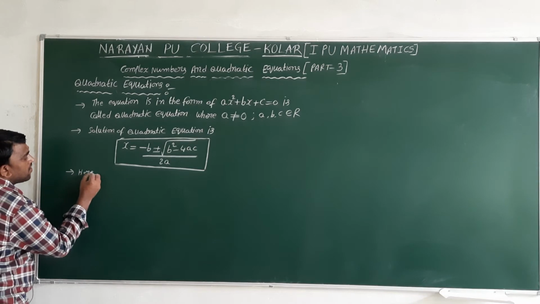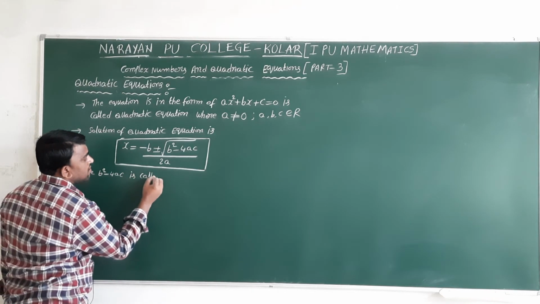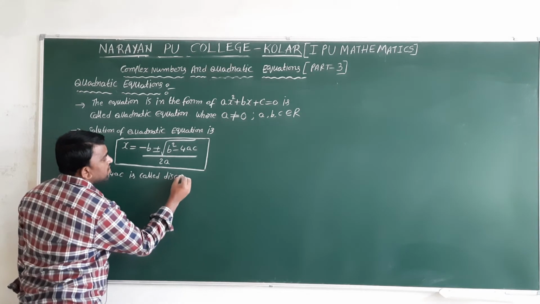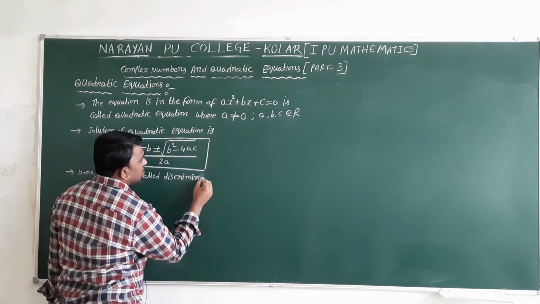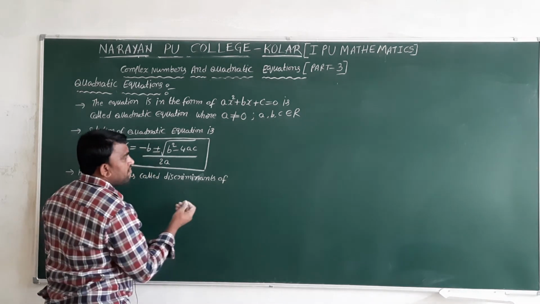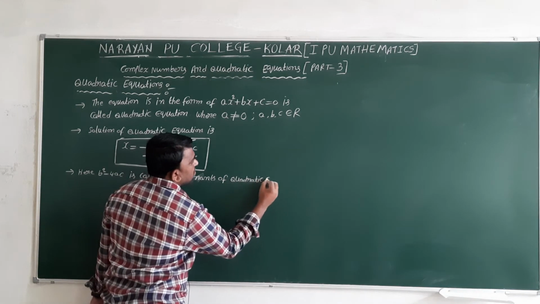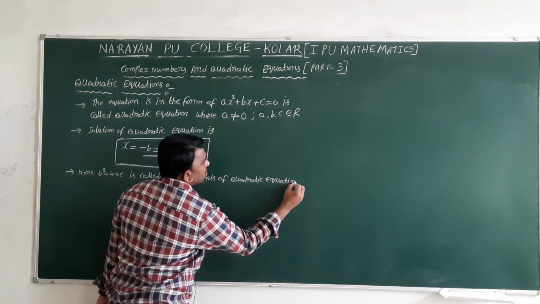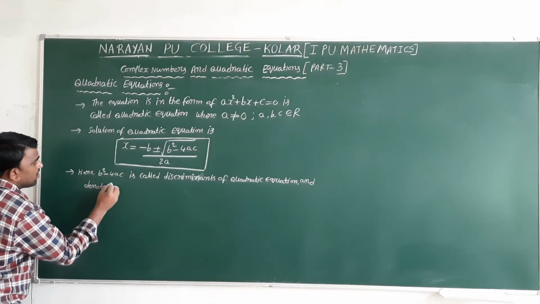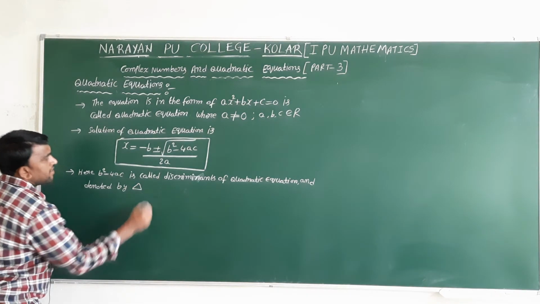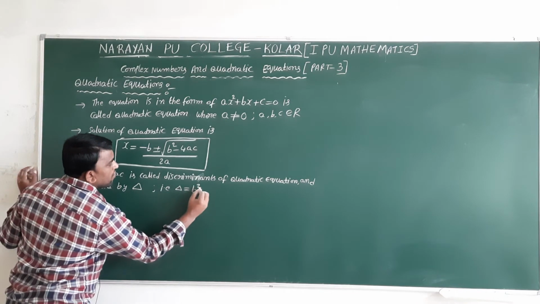Here b square minus 4ac is called the discriminant of the quadratic equation, and denoted by delta, that is delta equal to b square minus 4ac.